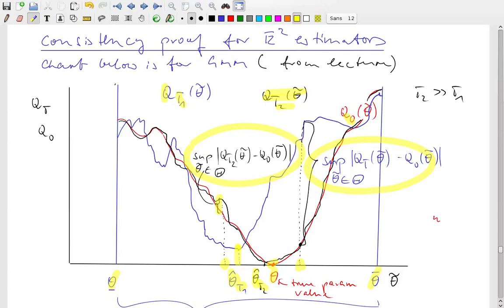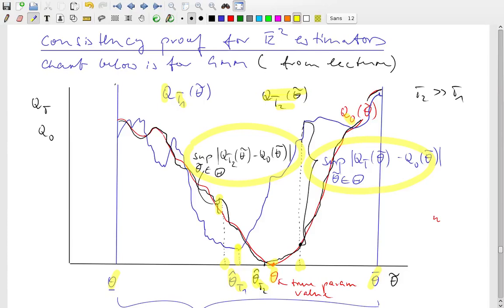And what should happen when we talk about uniform convergence of random functions is that these suprema converge to 0, and they converge to 0 for all possible realizations, all possible samples, and this is why we talk about a convergence of these suprema almost surely. That is, with probability 1, the sequence of suprema has a limit equal to 0.